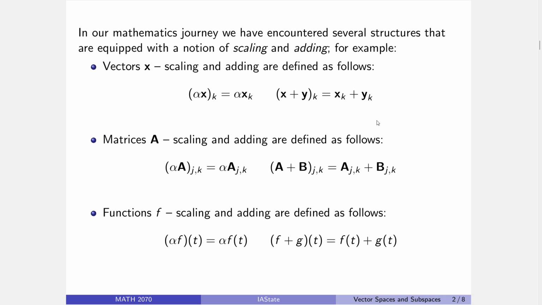But note here, these are very different objects. A vector and a matrix and a function are very different, and how we interact and work with them differs. Certain things we do for vectors don't necessarily carry over to matrices. Certain things we do for matrices don't necessarily carry over to functions. Certain things for functions don't necessarily carry over to matrices.